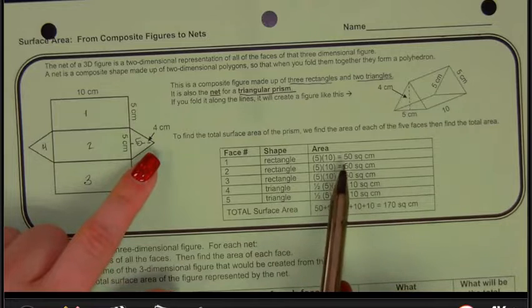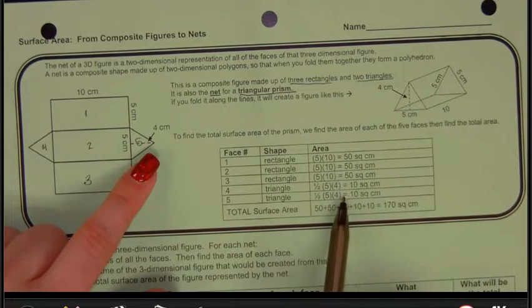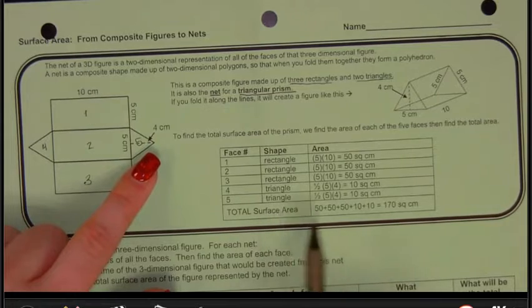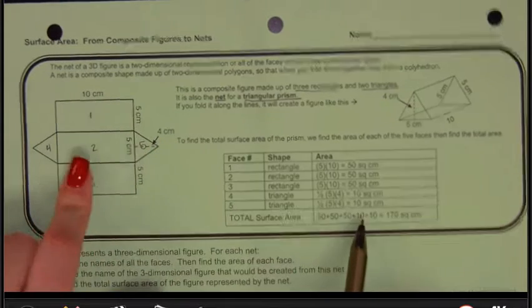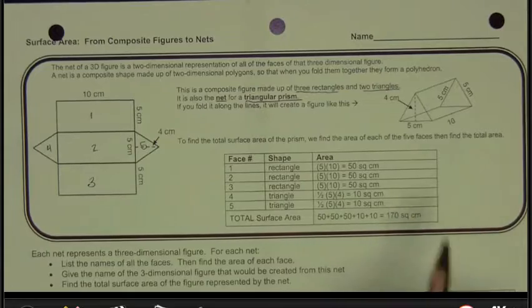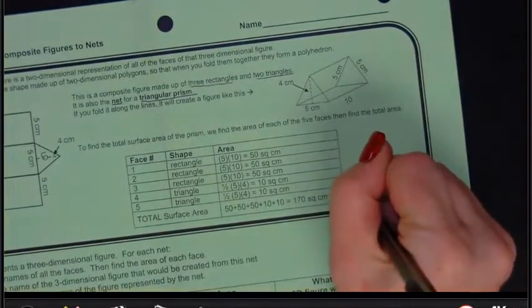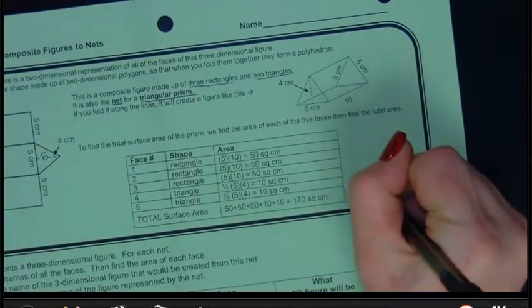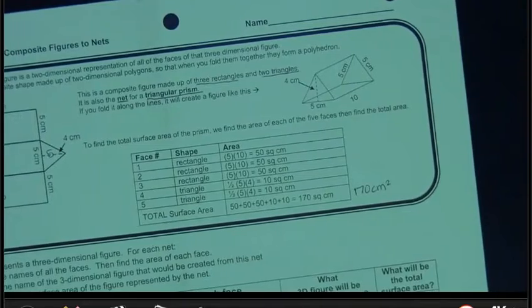They found the area of each face: 50, 50, 50, 10, and 10. To find the total surface area, I added all of these areas up to equal 170 square centimeters, or 170 centimeters squared. That's how we normally see it written.